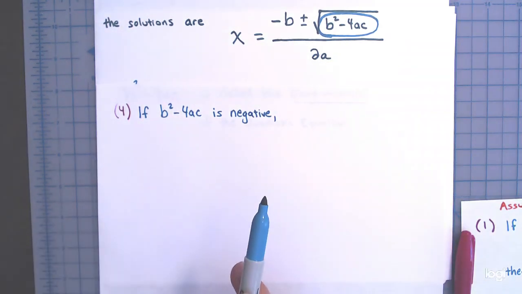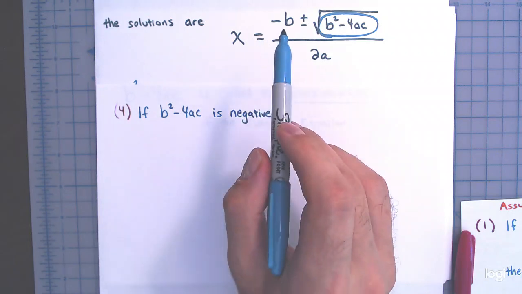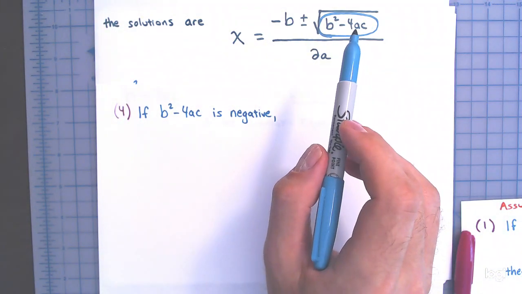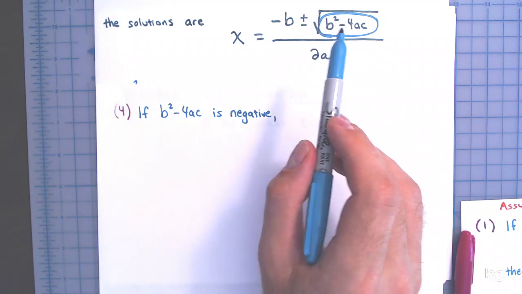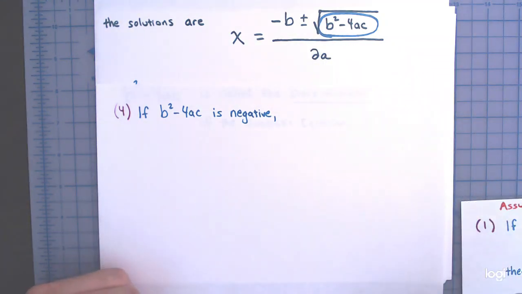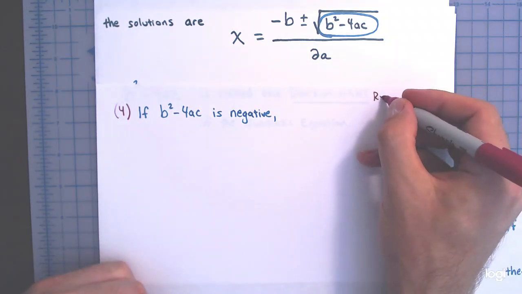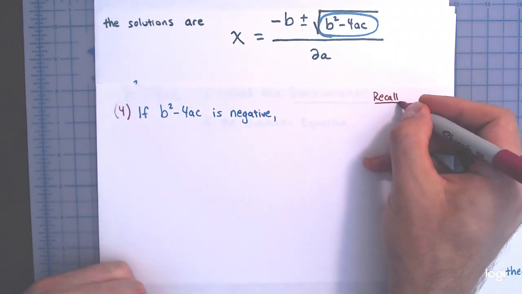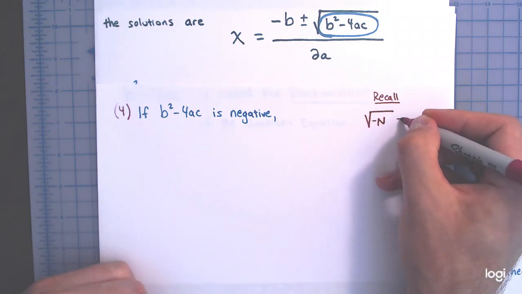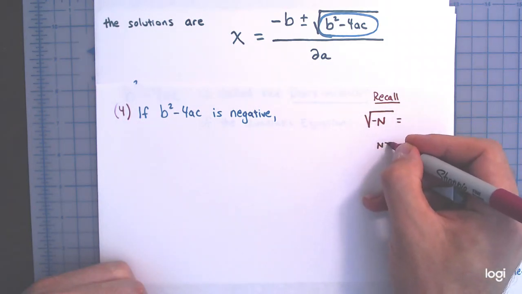Think about that. I'd have negative b plus the square root of a negative number, or negative b minus the square root of a negative number. And hopefully you recall that when you see the square root of a negative, off to the side here, I've had this property up before. So suppose n is a non-negative number.